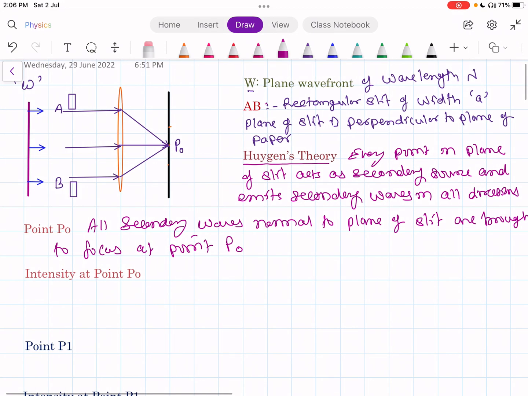Then what would be the intensity at point P0?